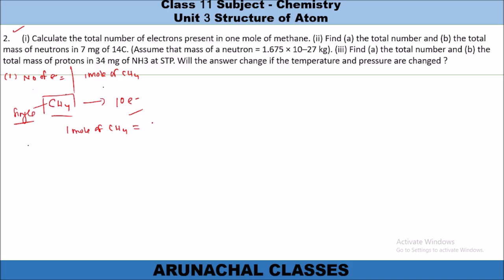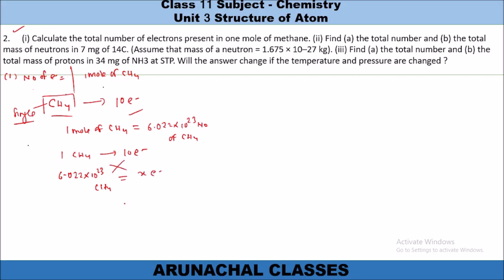We know that 1 mole of methane has 6.022 into 10 power 23 number of methane molecules, and we have already calculated that one methane molecule has 10 electrons. So 6.022 into 10 power 23 methane molecules will be having x electrons.